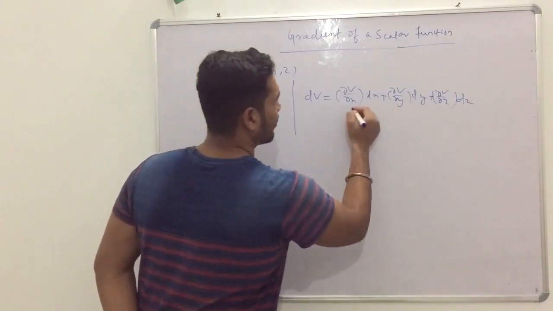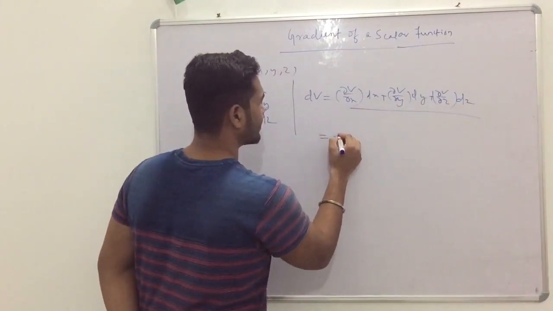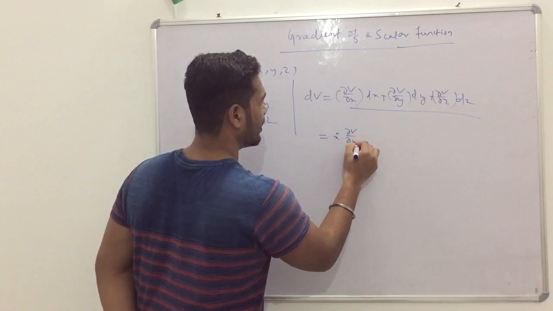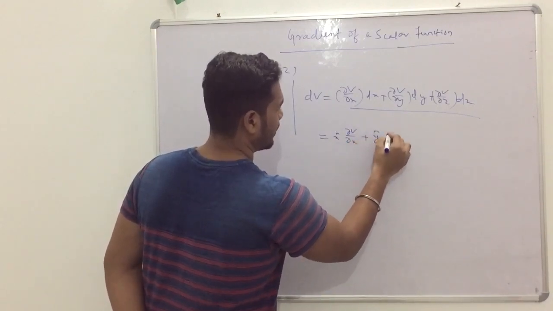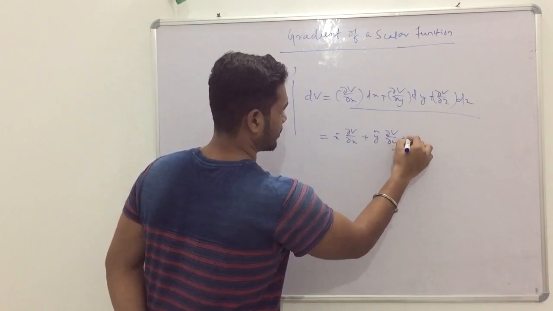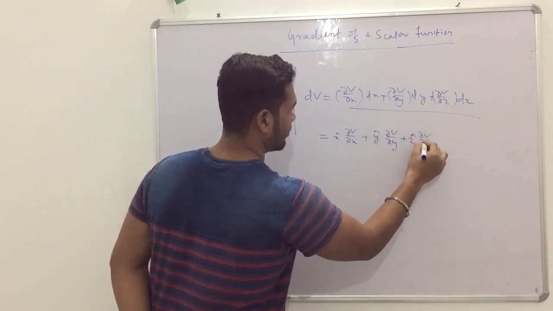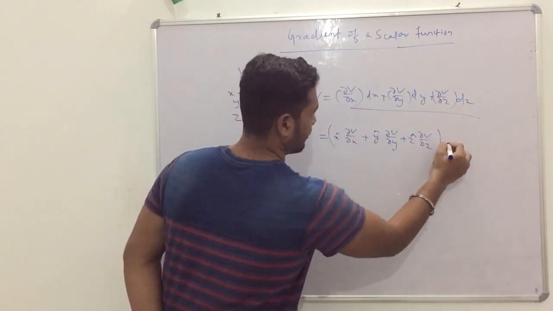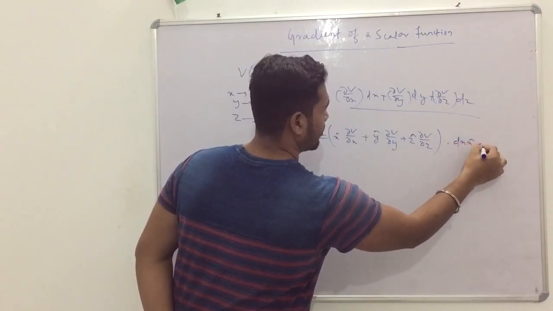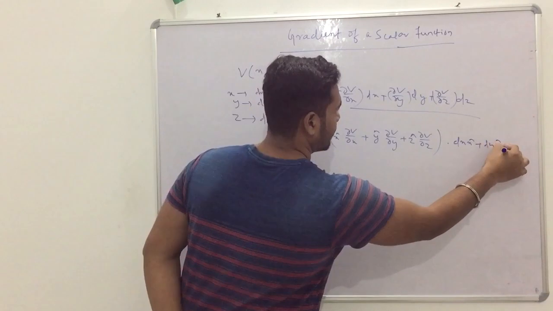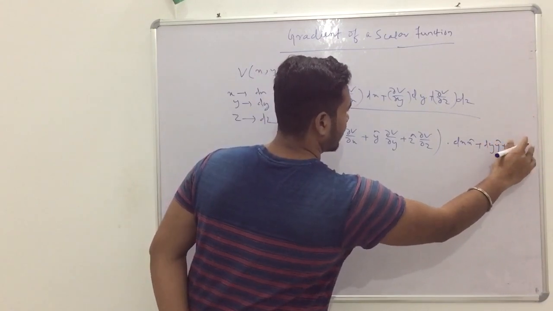So this you can write in the form (x cap del v upon del x plus y cap del v upon del y plus z cap del v upon del z) dot (dx x cap plus dy y cap plus dz z cap).